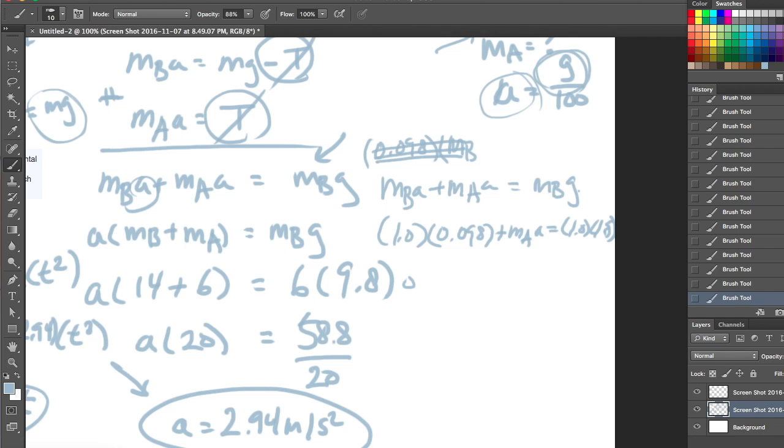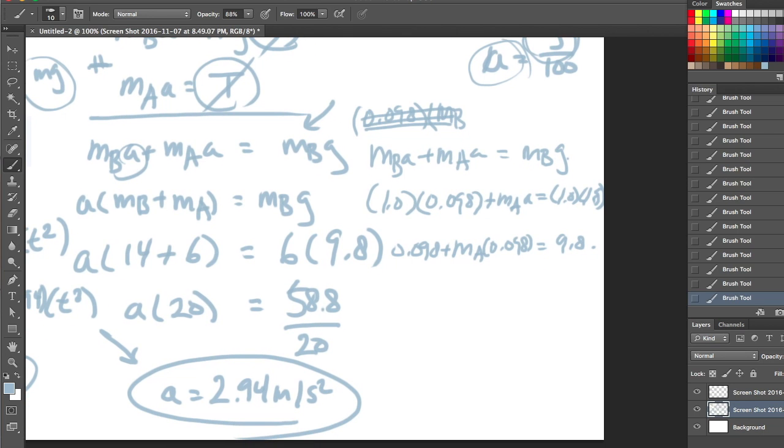So 0.098 plus MA times 0.098 equals 9.8. We subtract 0.098 from 9.8, which isn't going to change it a lot, but you have to do it.